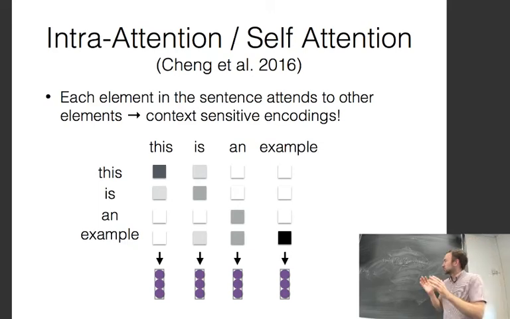Okay, so let me go back to answering the question about how this relates to other NLP tasks. Basically, you can use attention in almost anything where you have a sequence and you would like to use that sequence to make some sort of prediction. One example is parsing.